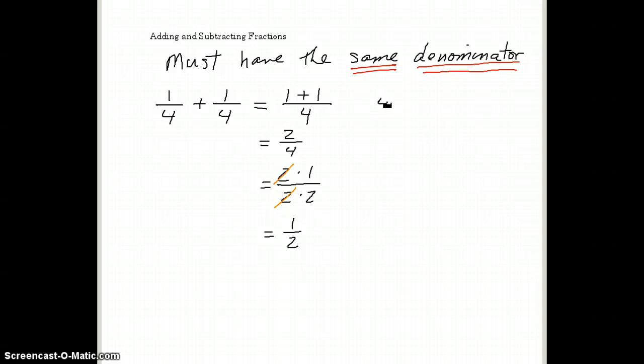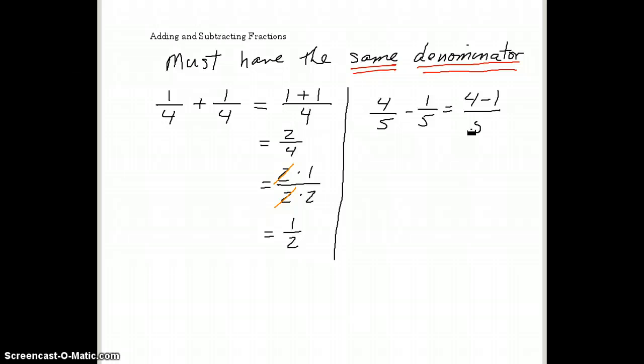Subtraction is very similar. If I had 4/5 and I want to subtract 1/5, this is equal to 4 minus 1 divided by 5, or 3/5. Notice that this sign is what shows up here in order.